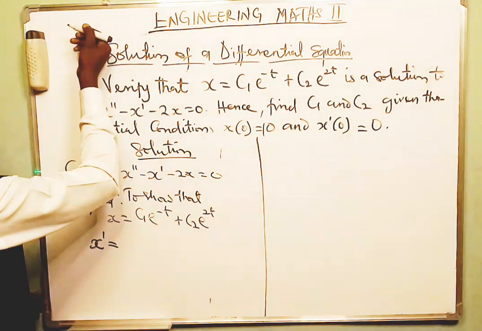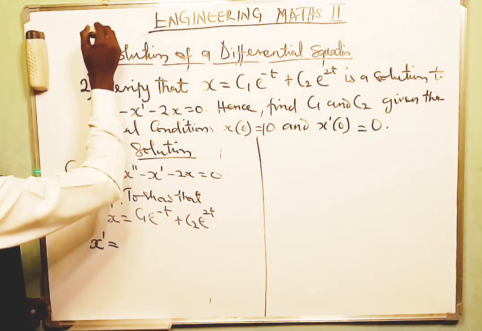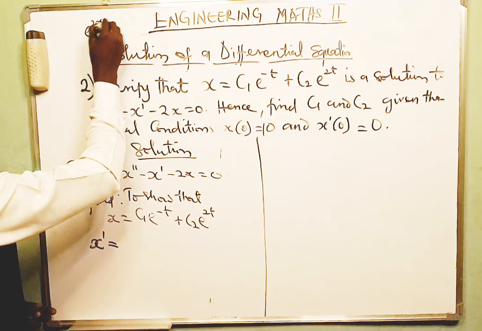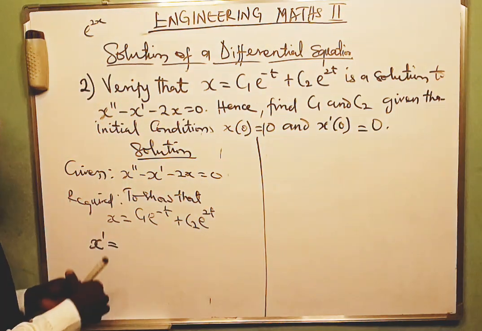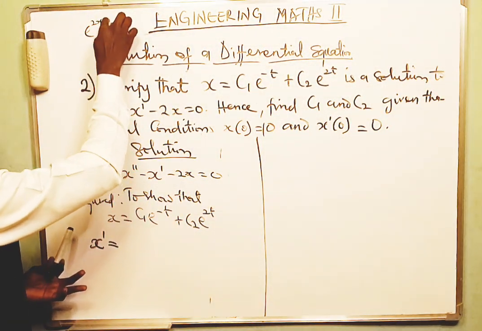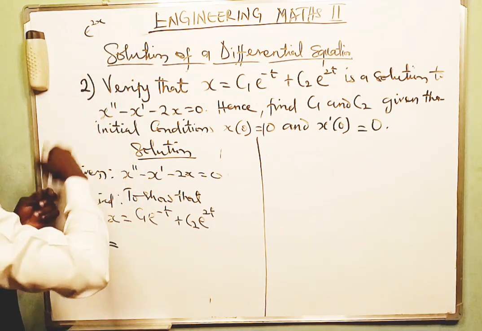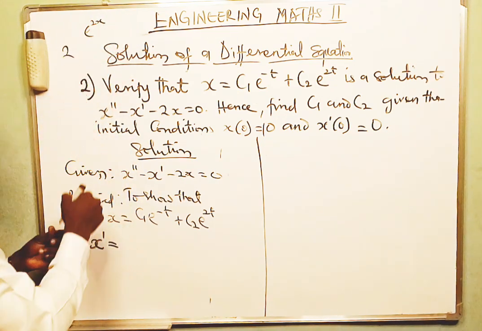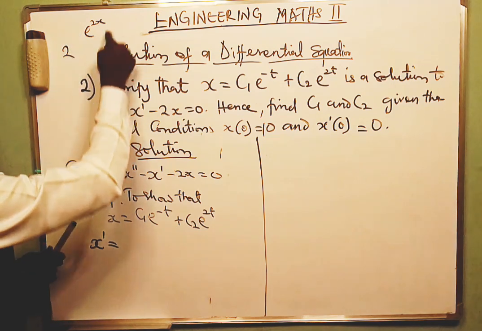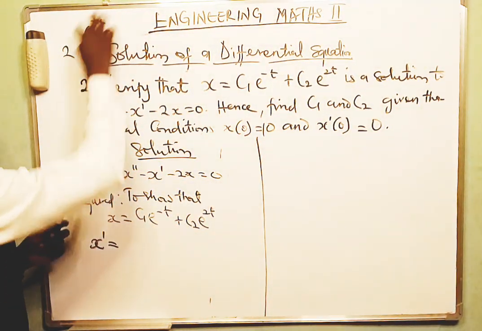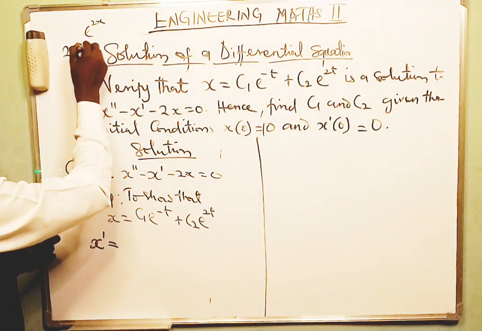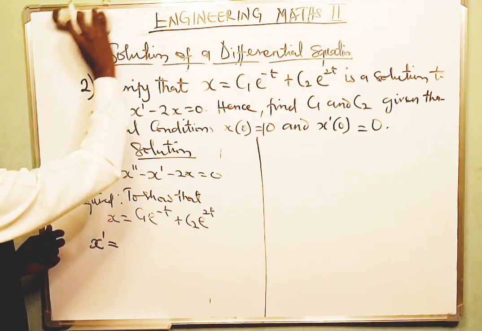Let's assume that you have exponential 2x. What you do is differentiate the 2x that you have, and you are going to have 2. Then multiply that answer by the function itself, and you have 2 exponential 2x. As simple as that.